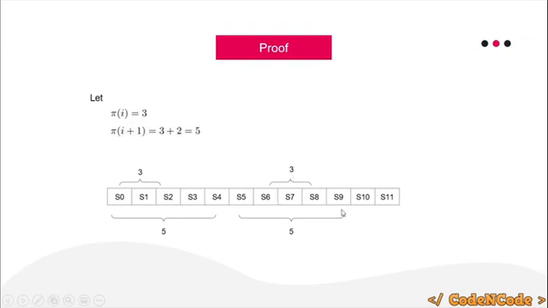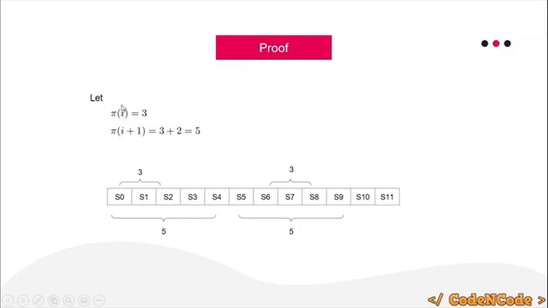It shows that if pi of i plus 1 is 5, then pi of i should have been 4, not 3. And that is why this claim is actually false, and hence our original claim is actually true.